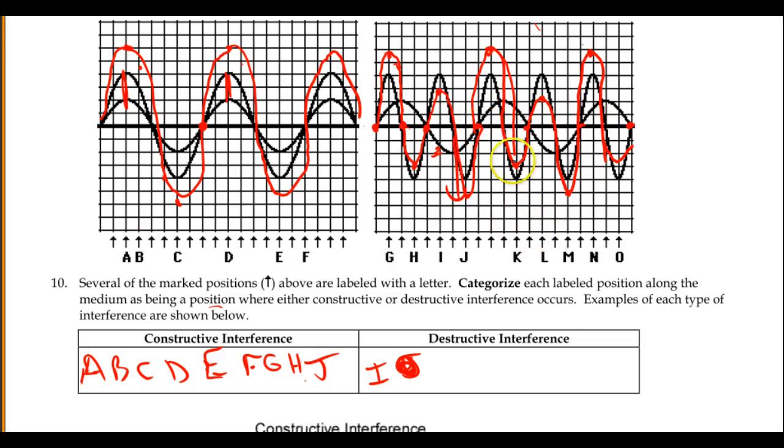At K, they're on opposite sides, so K is going to be destructive. L, they're on opposite sides, so that's going to be destructive. M, they're on the same side, so that's going to be back to constructive. And then N, they're on the same side, so N's back to also constructive. And then O, they're on opposite sides, so that's going to be destructive. Okay, so if they work together, it's going to be constructive. If they work against each other, then it's going to be destructive.